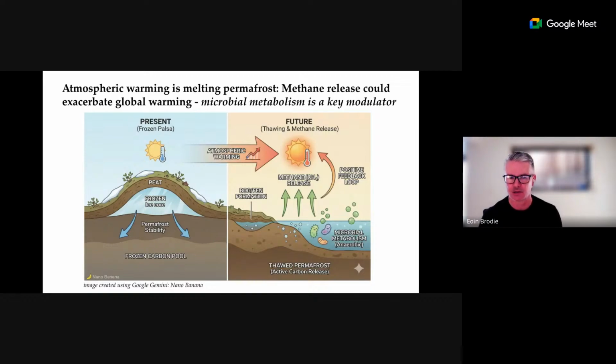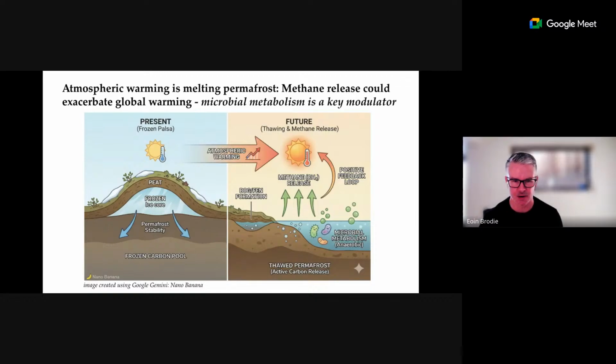So there's a very large potential for the release of massive amounts of methane from permafrost in Arctic regions that could exacerbate and feed back into enhanced global warming. So this is a major concern, and our Earth system models don't do a good job predicting this, partly because the representation of microbes in those models, if it exists, is very rudimentary. So this is the context.